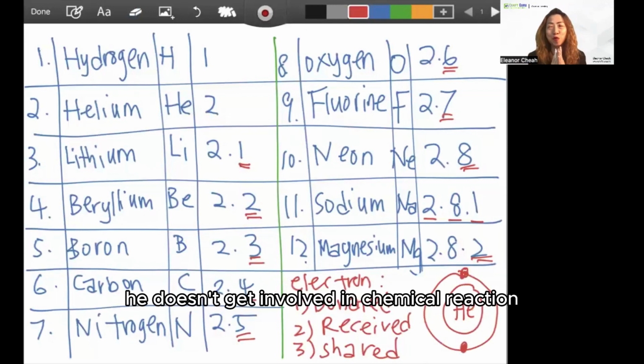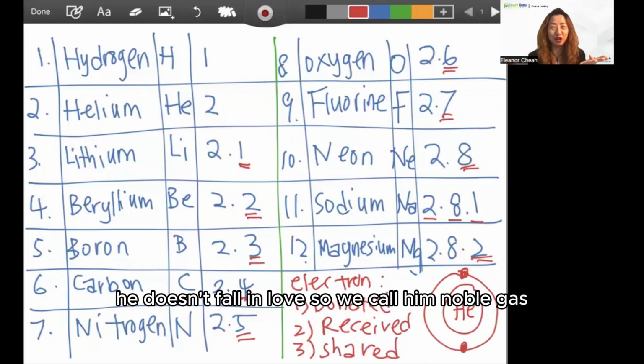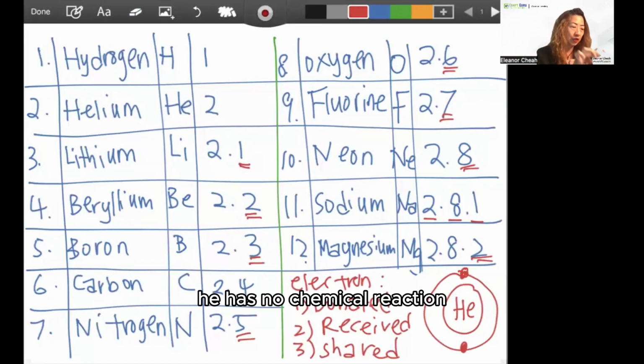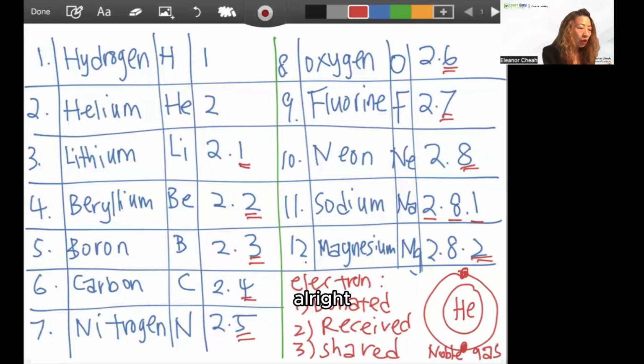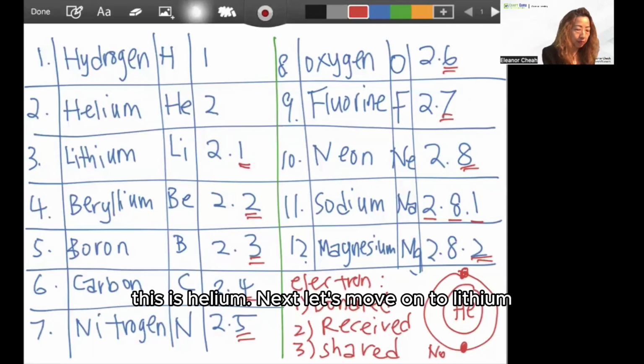He doesn't get involved in chemical reactions. He doesn't fall in love. So we call him a noble gas. He has no chemical reaction. He is a saint. He is a noble gas because its state is gas. All right, so this is helium.